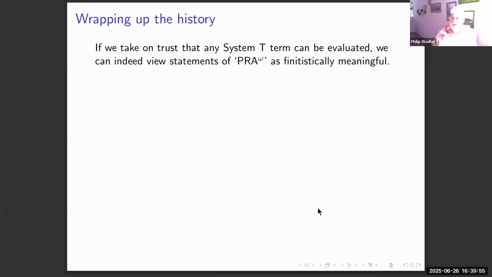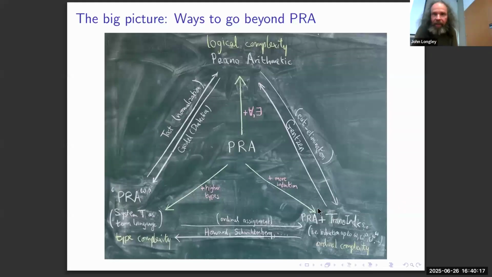John, when you say they all have the same strength, is that just the corners or are you including PRA in the middle? I'm guessing you're including PRA because Skolemization would let us do that. They're all much stronger than PRA. Yeah, the corners all have the same consistency strength, but it's easy to prove the consistency of PRA in any of these systems. So any of the outward arrows from the center takes you up quite a lot.